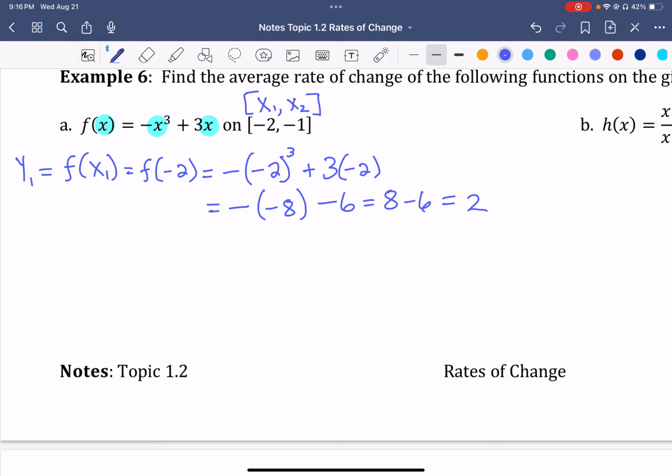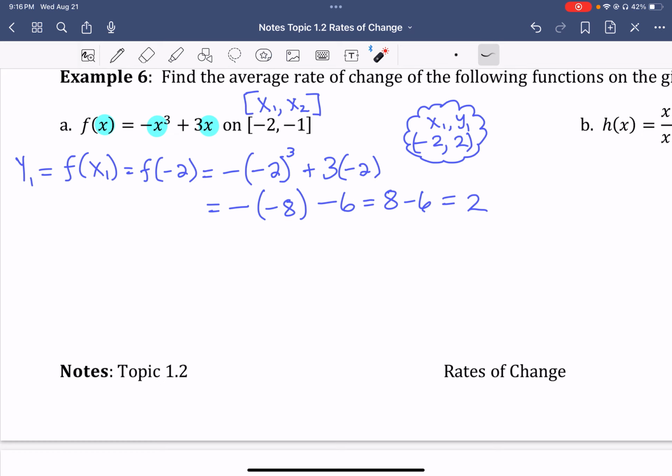Okay. Now if it helps you to write these as coordinate points, you can. So when you plugged in x sub 1, which was negative 2, you ended up with the y value positive 2. So this is your x sub 1, y sub 1, okay? I'm going to put this in a little cloud there. I forgot the parentheses, I'm sorry.